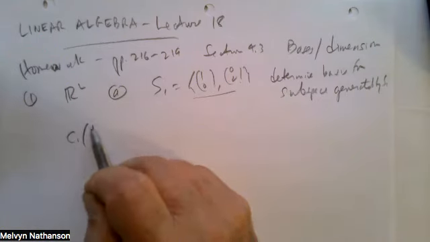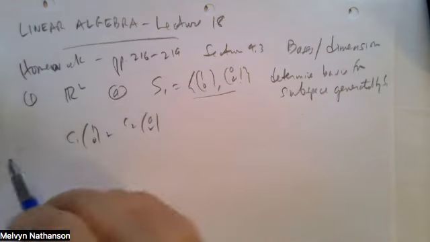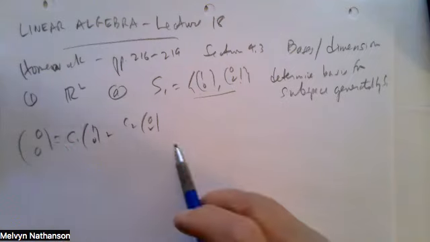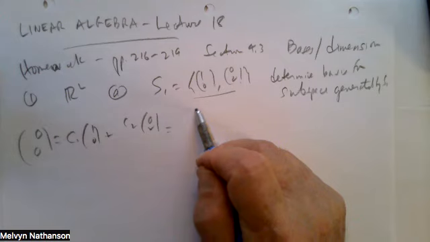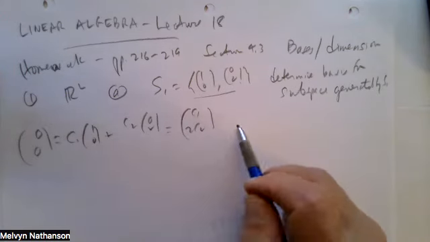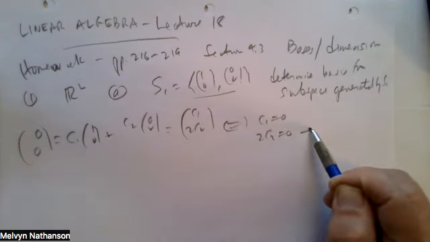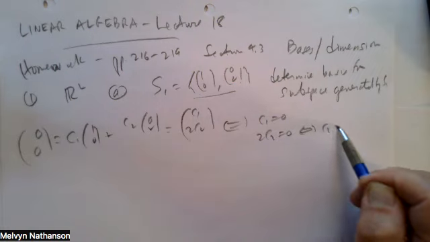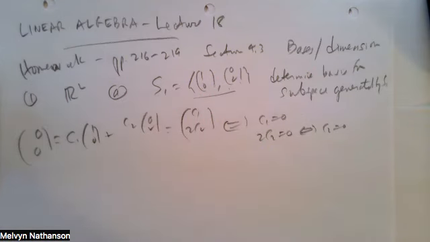You have C1 times (1, 0) plus C2 times (0, 2). If that's the zero vector, when you compute this linear combination, you get (C1, 2C2). That's equal to (0, 0) if and only if C1 is 0 and 2C2 is 0, which is the same as C2 equals 0. So these two vectors are linearly independent, so they generate all of R2, and they form a basis.